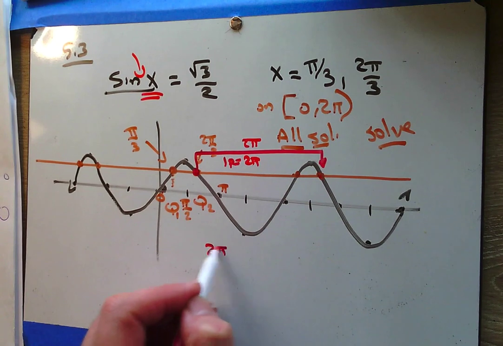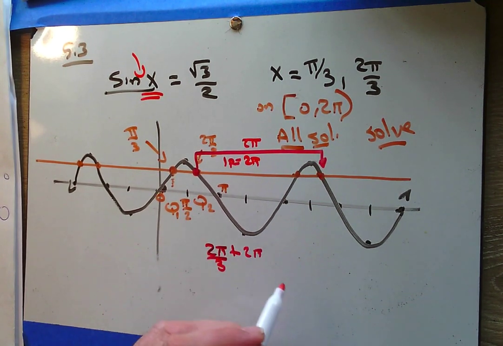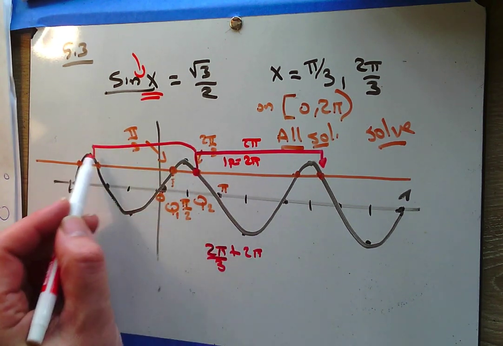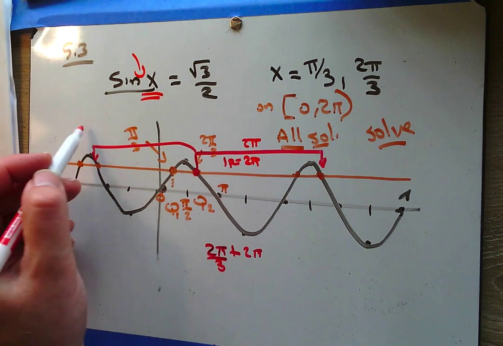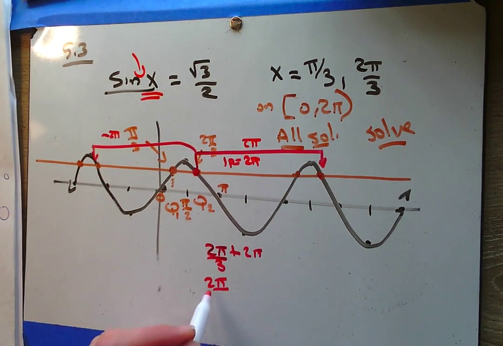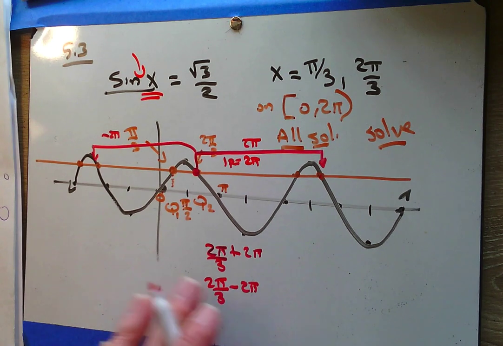So I could say 2 pi over 3 plus 2 pi will get me another solution. I could also go 2 pi in the other direction. And I could keep adding or subtracting increments of 2 pi to find more and more solutions. And I could do this an infinite number of times.